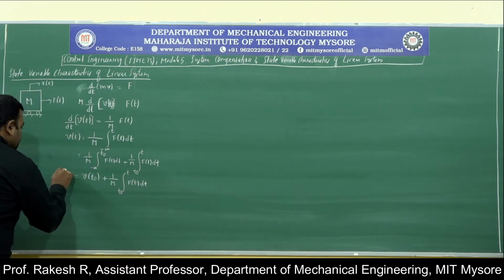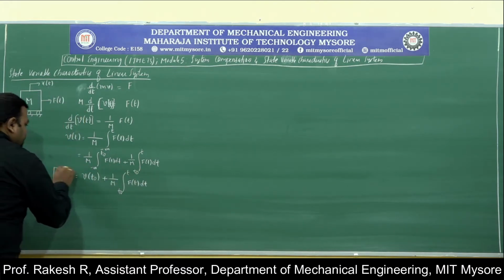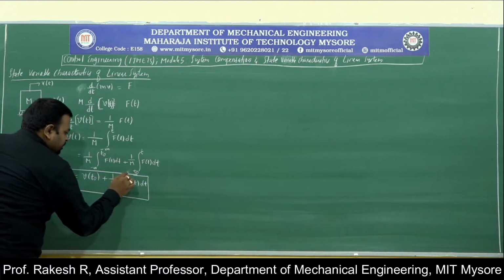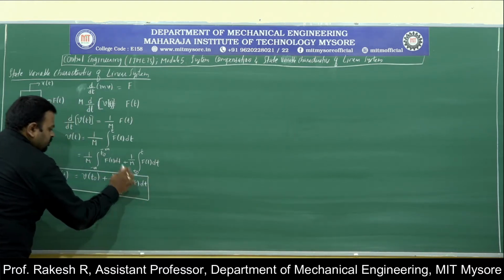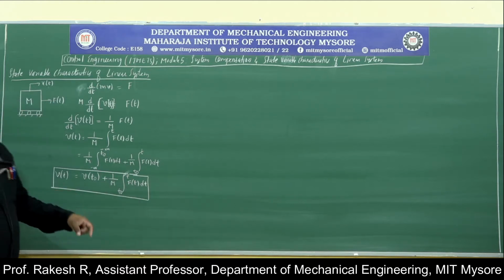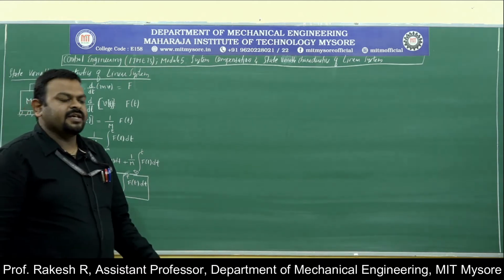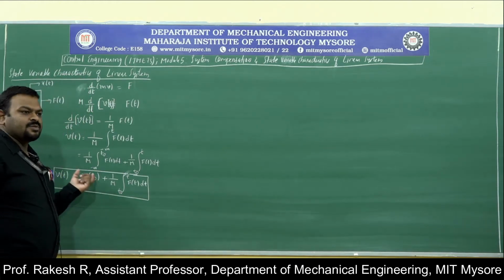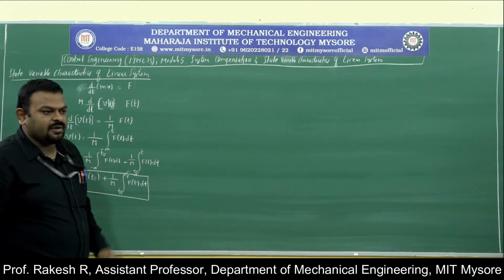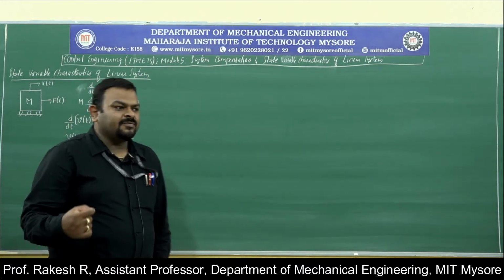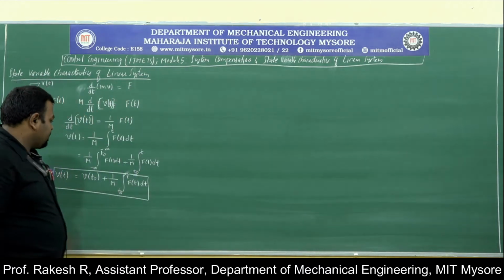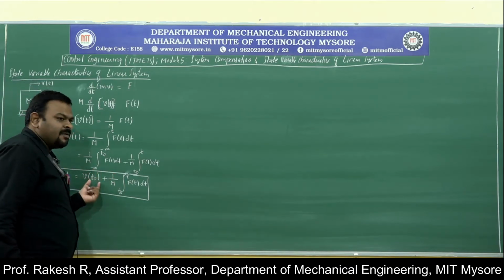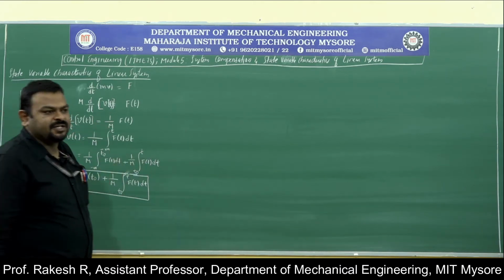So this is v of t. Basically what we are doing here is considering the initial conditions. These initial conditions are nothing but the states of the system. v of t naught is the velocity at the initial stage.